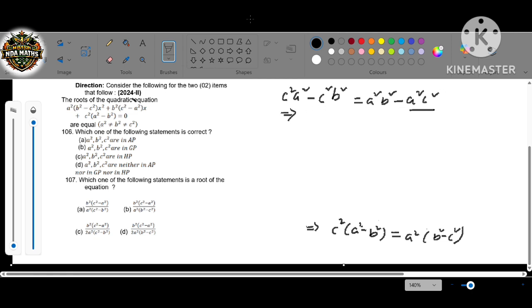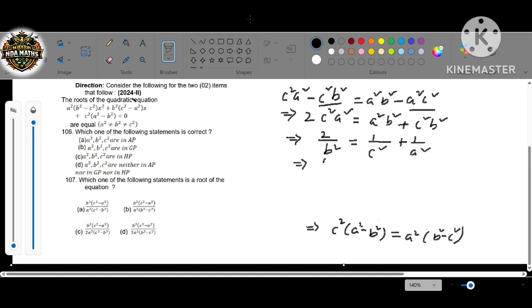This implies, if I bring a square c square to the left side, there will be twice c square a square, and this minus c square b square, if I shift to the right side, will be c square b square. Now, if I divide both sides by a square b square c square, then it will be 2 by b square is equal to 1 by c square plus 1 by a square.